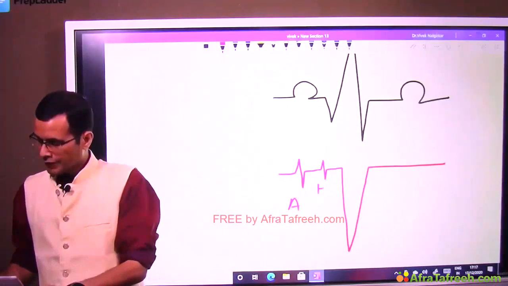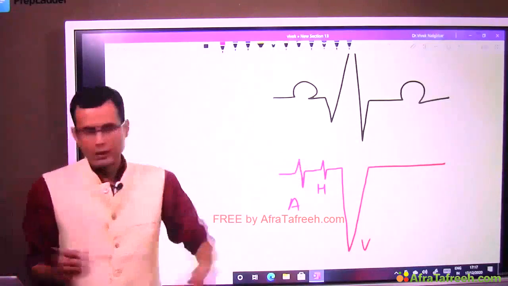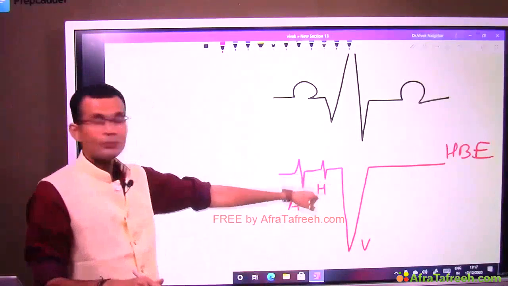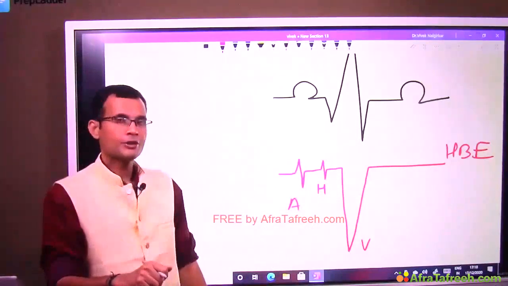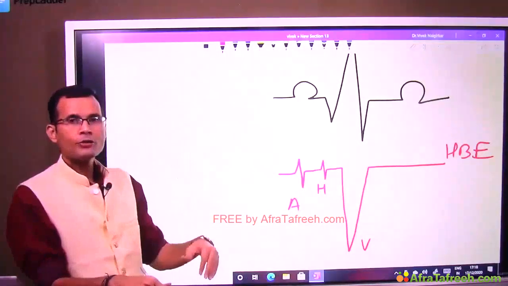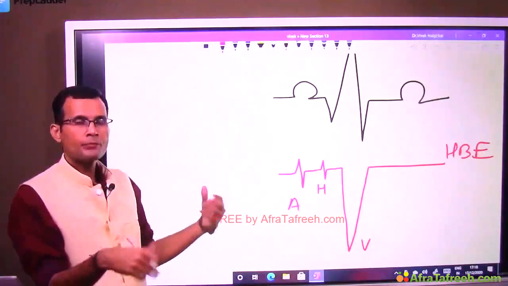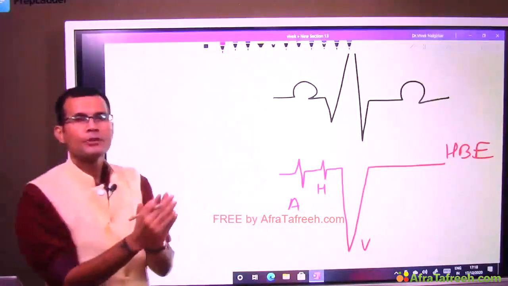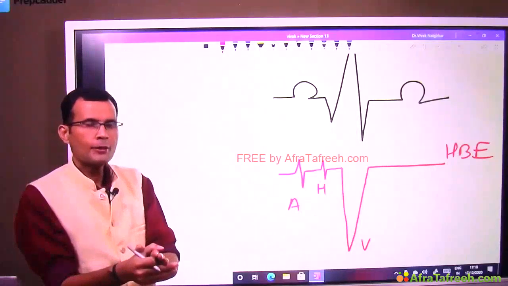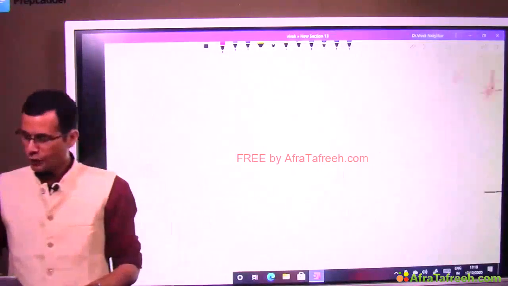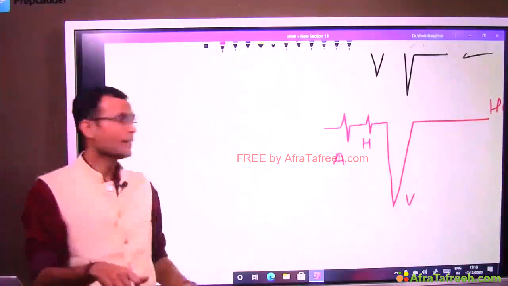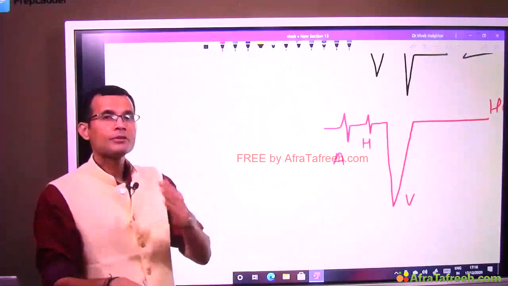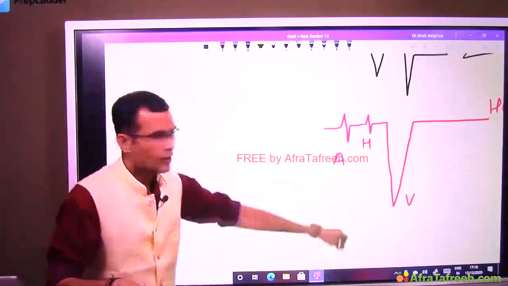So basically 3 waves are seen in the His bundle electrogram, and you can note here that the V wave is a downward deflection, because as I mentioned, electrodes are placed in the right ventricle, whereas the waves are spreading downward and leftward. We will see that in the ECG once again, but the major spread of waves occurs leftward and downward, whereas we have placed the electrode on the right heart. So since the wave is going away from that electrode, it gives a downward deflection.